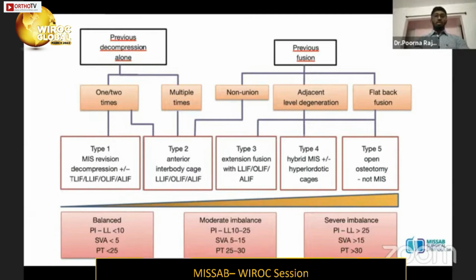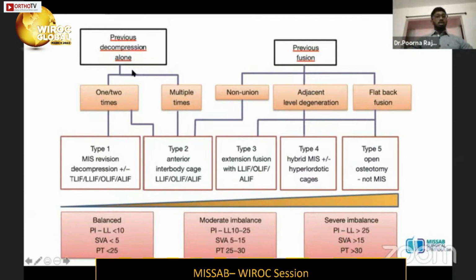In the decompression category, they divided patients by the number of decompressions, whether one or two times, or multiple times previously. In the fusion category, they categorized patients into non-union following a fusion, adjacent segment degeneration following a fusion with a solid fusion mass across the fused segment, and a flat back fusion already done, causing a severe sagittal imbalance.